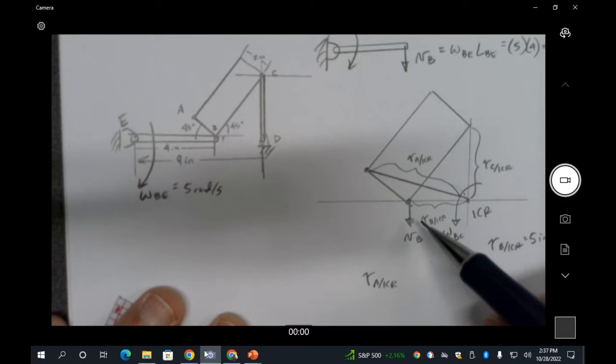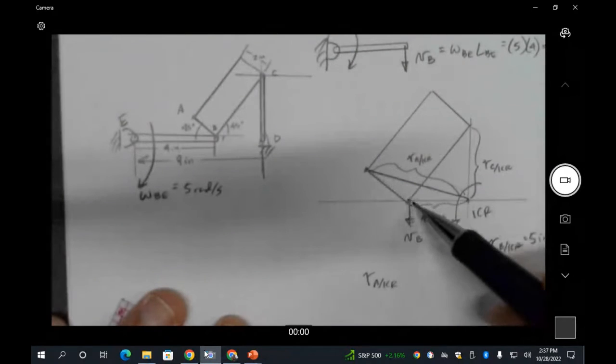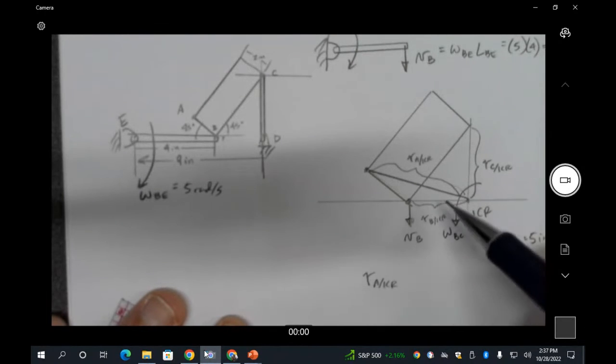I think the easiest way to find this is to take that 2 inches. We know this distance right here is 2 inches.